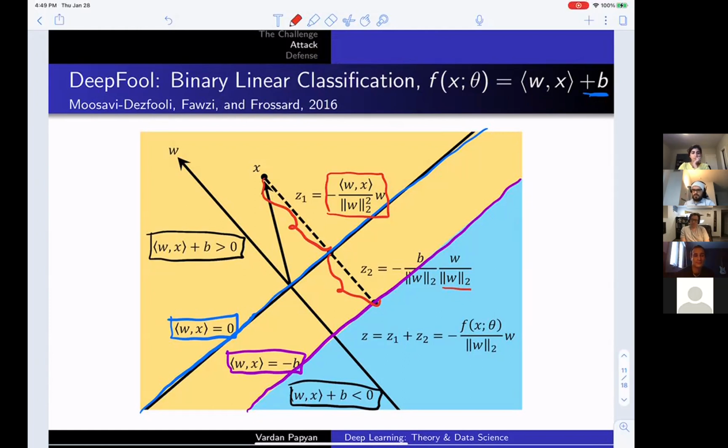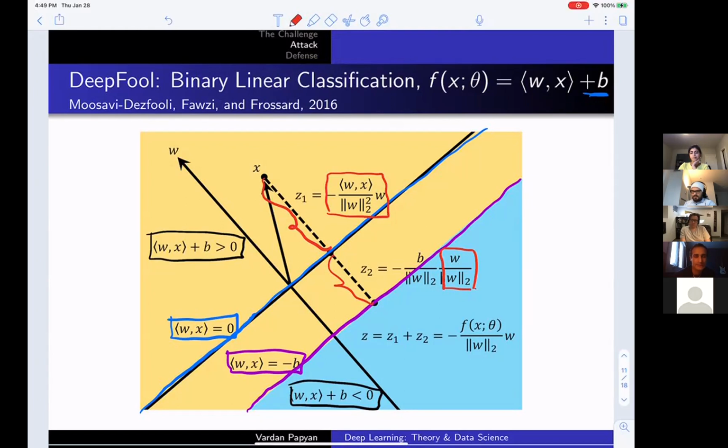So it's the same direction of the unit vector. That's why you have this w over the length of w. The only question is how much longer, like what is the length of this second vector, right? Makes sense or doesn't make sense? It does make sense, okay.